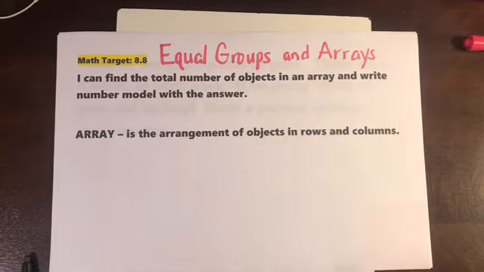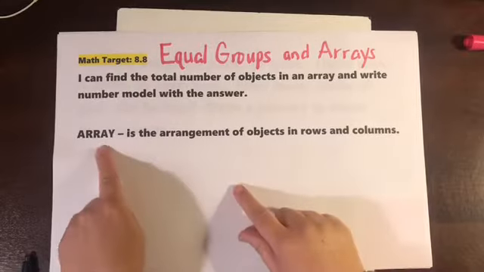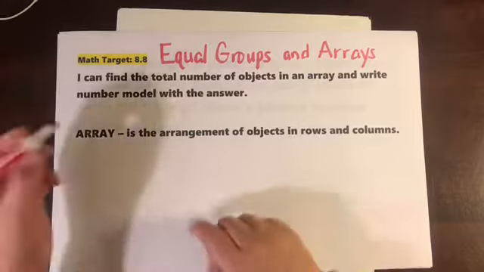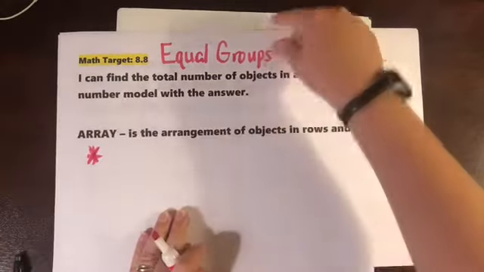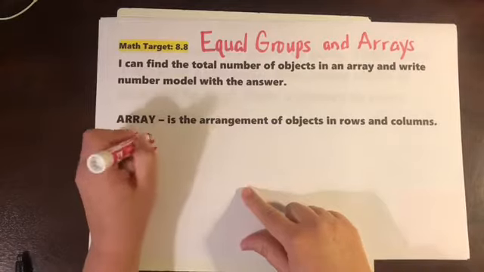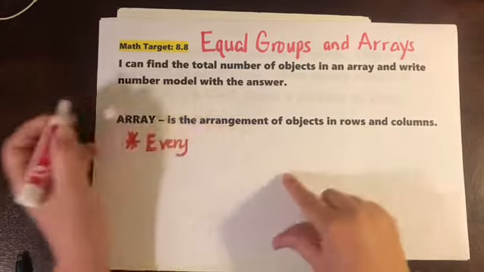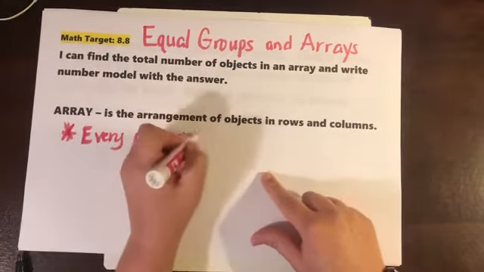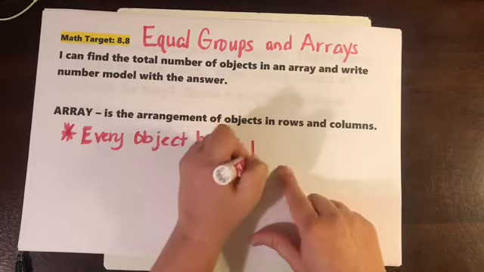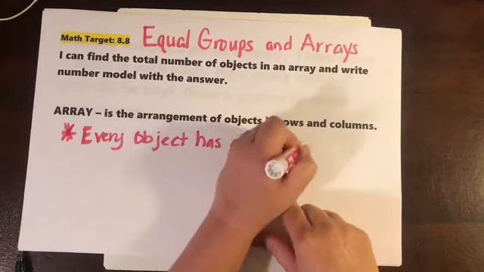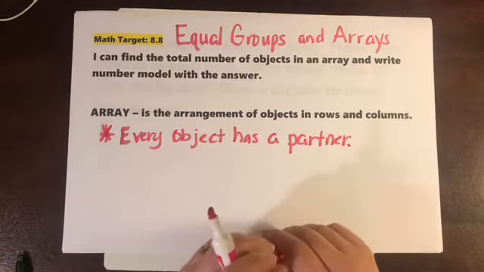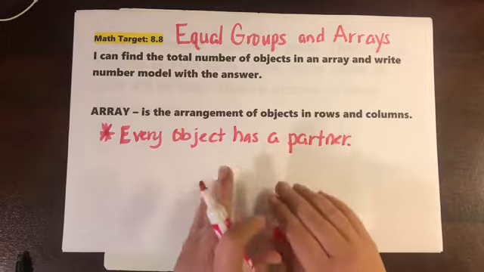We're working specifically with equal groups in our arrays because an array is an arrangement of objects in rows and columns, and I wanted to add with you guys that every object that's in the array has a partner. That's important because you don't want to have an array where there's one that is missing.